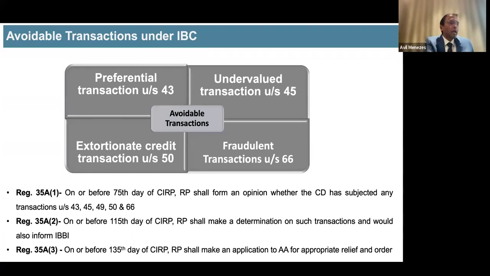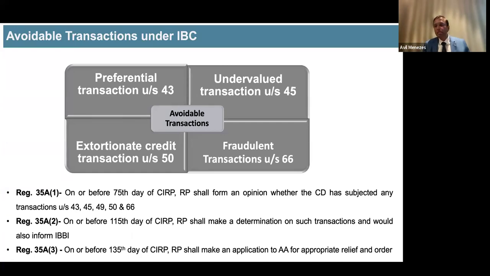This is the only section under the PUFE which talks about a deeming fiction, saying that a transaction will be deemed to be preferential if it has the following ingredients. But for the other three transactions, the undervalued transaction, the extortionate credit transaction, and the fraudulent transaction, you will have to prove that these transactions existed, a fraud has happened, an undervalued transaction has been entered.